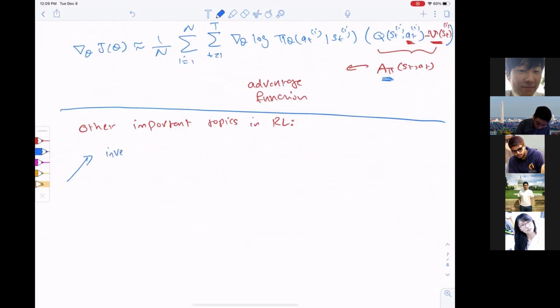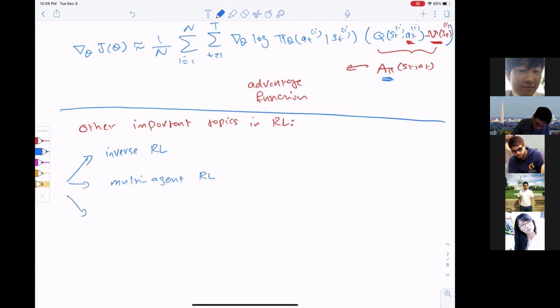One is inverse RL, where you don't even have the reward function and you want to estimate your reward function, maybe with some expertise that you have. There's also a really growing area of multi-agent RL, where you don't have just one agent, you may have multiple agents, and maybe you are in a zero-sum game or maybe a collaborative game.